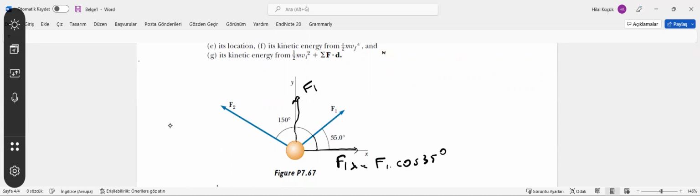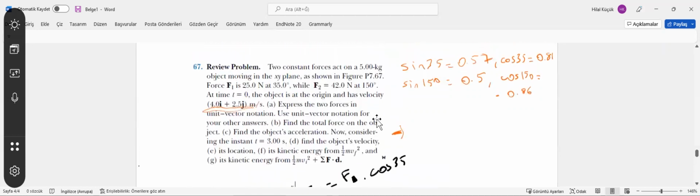For that one, F1y will be F1 multiplied by sin 35. If you find this part, of course you can express the force in unit vector notation. So you can write F1x i plus F1y j.